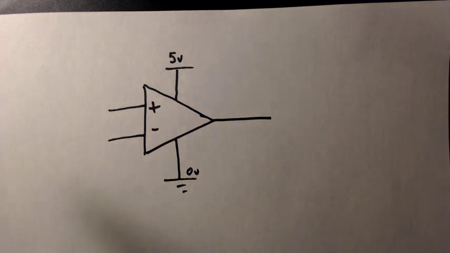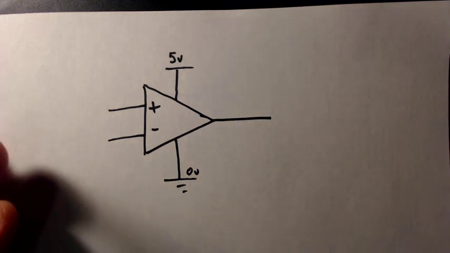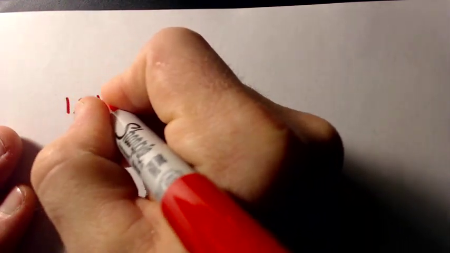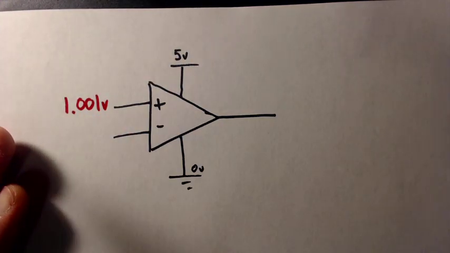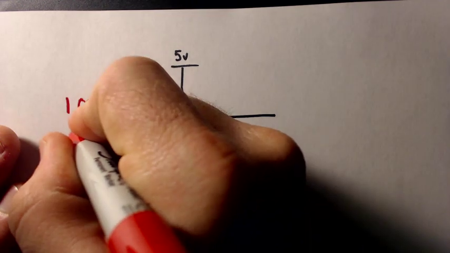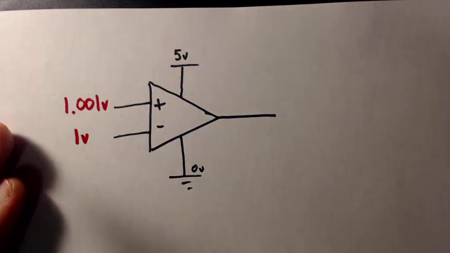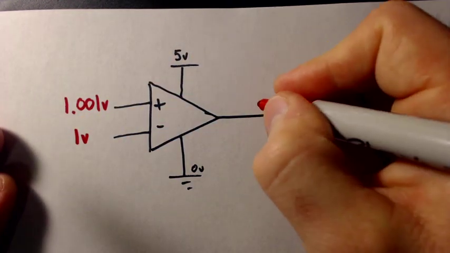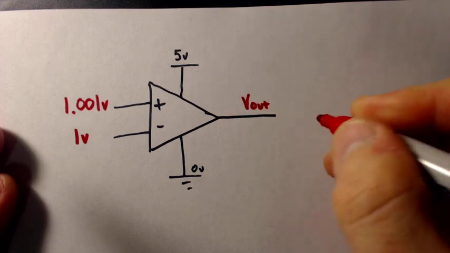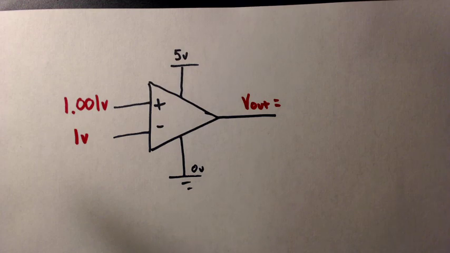And now let's put some values over here. I'm going to put 1.001 volts on our non-inverting input, and on our inverting input, I'm going to put 1 volt. And we're going to look at Vout.